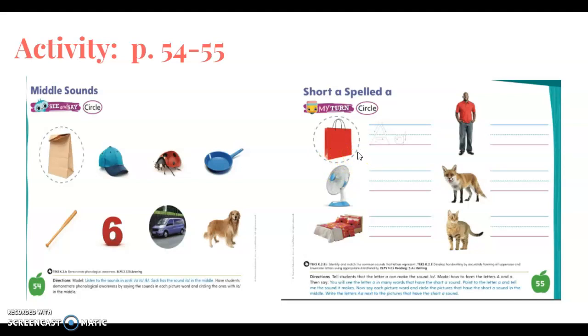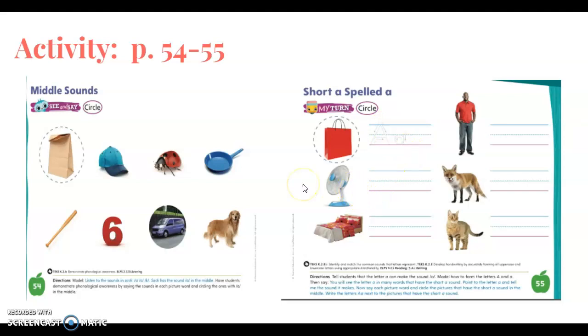That has this middle sound of the short A. So I'm going to circle the picture, and then I'm going to trace or write the capital A and the lowercase a on this line next to it. The first one has been done. This is a bag. B-ag. Yes, that has a short A sound. Ah. Now I'm going to trace over the capital A and the lowercase a.